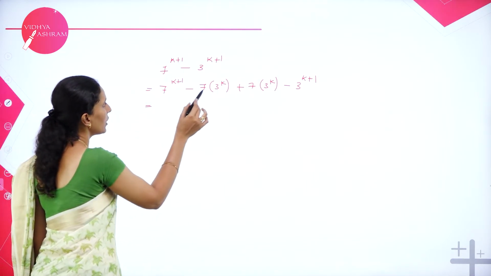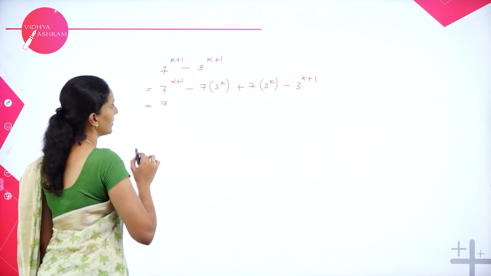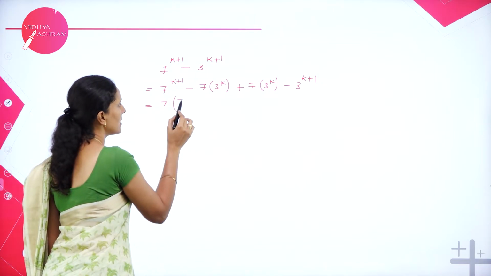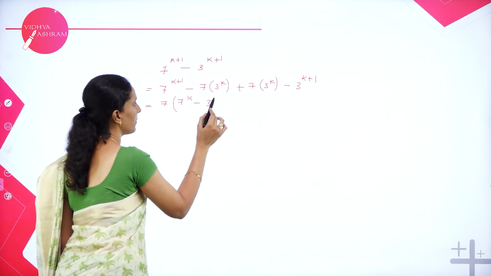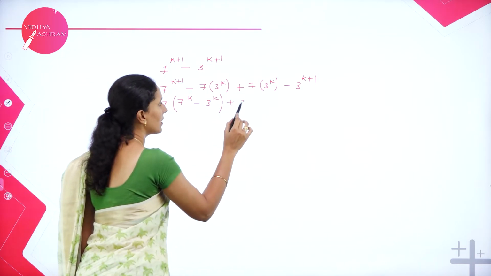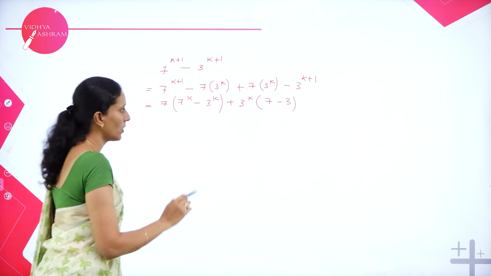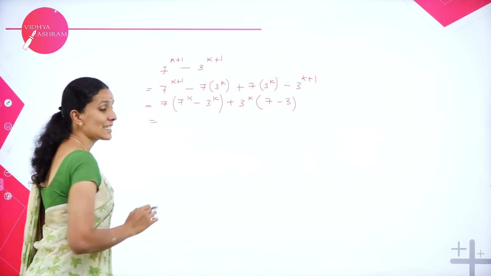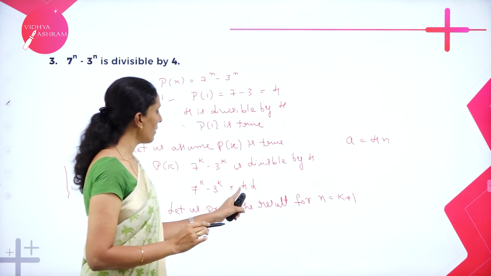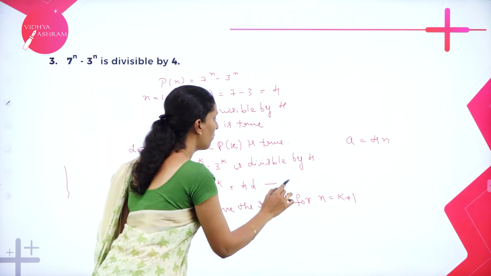If you take 7 as a common factor, it is 7^k - 3^k. And if you take 3^k as a common factor, you will get 7 - 3. So 7^k - 3^k, previously we have written it in the form of 4d.